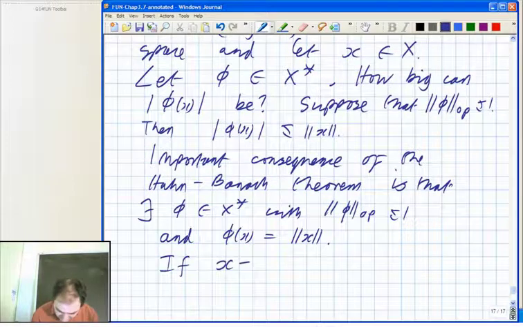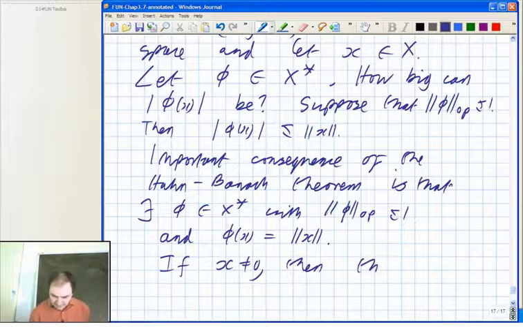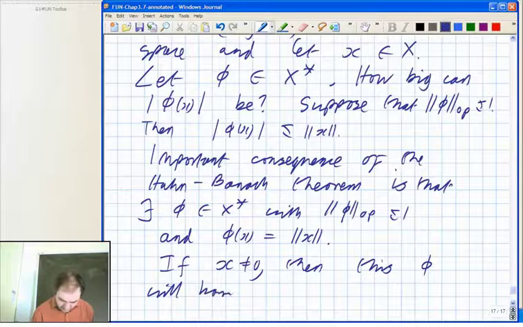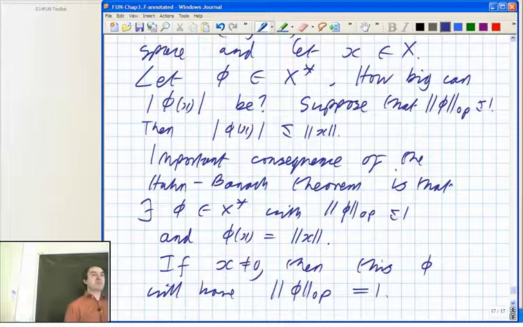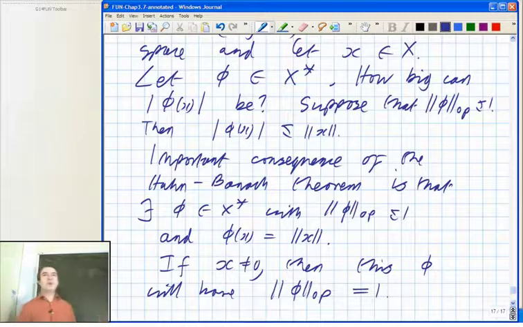If little x is not equal to 0, then this phi will have operator norm equal to 1, and it's what you call a support functional for x. The existence of these is non-trivial, not obvious, and it's a consequence of the Hahn-Banach theorem.